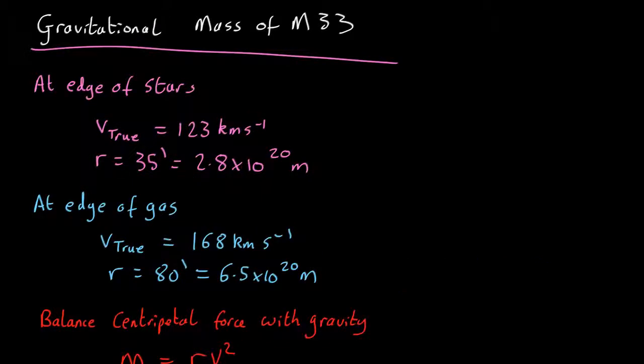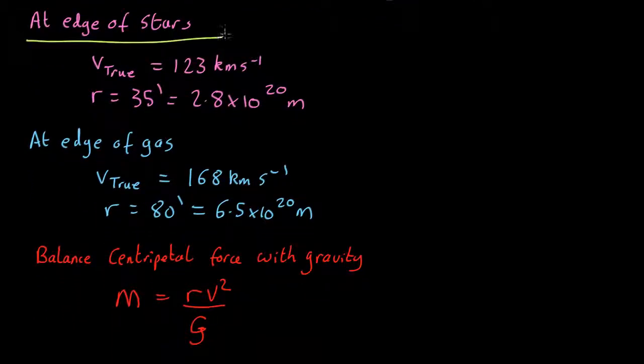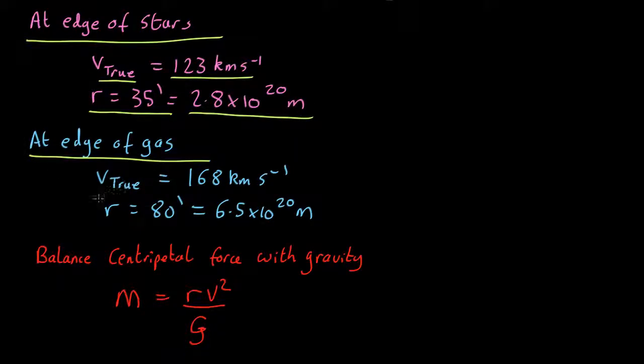But there's another one. If we actually do the numbers, the values for the mass come out very strange. So we know, at the edge of the stars, the projected velocity, and we are able to convert the angular distance of that into a true physical distance. And we also know the same things at the edge of the gas. And finally, we know the equation for balancing centripetal force as gravity is this.